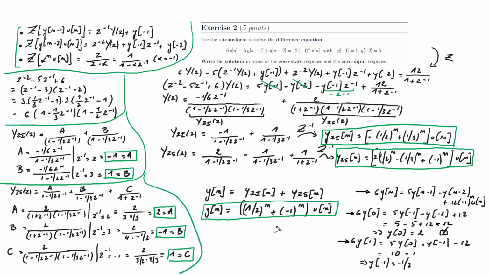And if you inject n is equal to 1 in here, you will see that this one will yield a half, and this one minus 1. So overall you'll have indeed minus a half, and this is reassuring. This ends the second exercise of the exam.